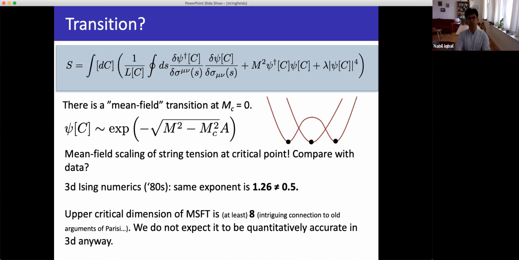So one thing you could do is look at the 3D Ising model. The 3D Ising model has such a transition, and the scaling of the string exponent has been calculated numerically. They get an exponent here, and that exponent is 1.26, which is very different from 0.5. So I have done a very bad job at deriving the string model.